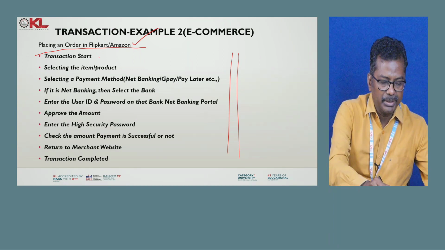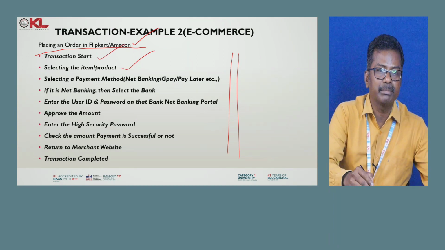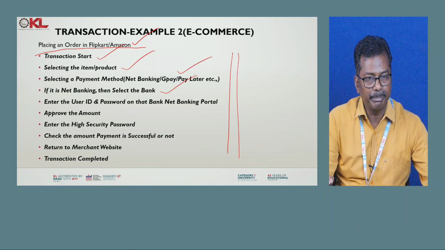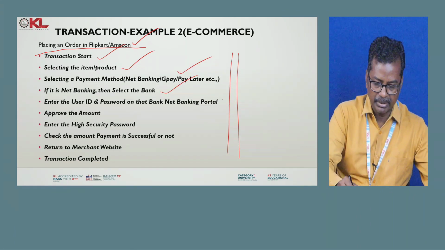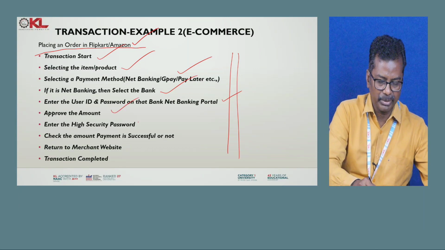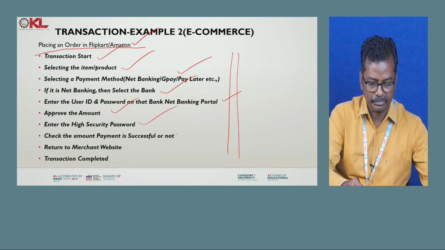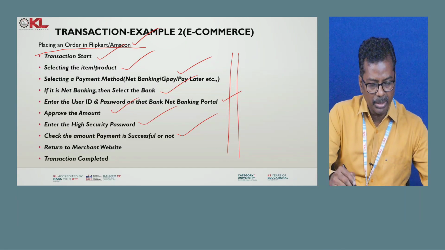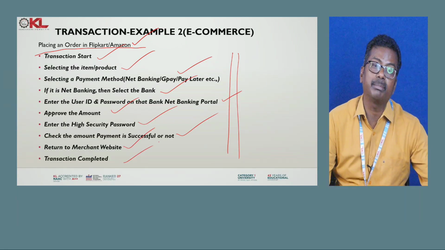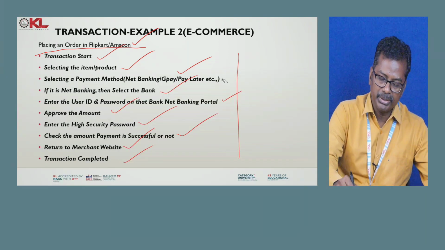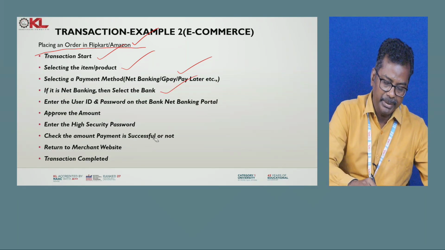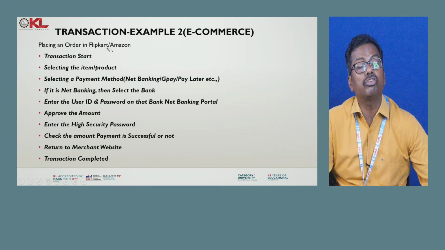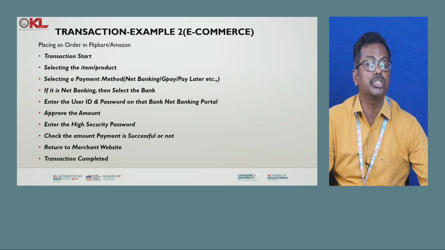You can see the transaction start, selecting the item or product, selecting the payment method, if it is net banking, then select the bank, enter the user ID and password, approve the amount, enter the high security password, checking whether the amount payment is successful or not, and return to the website and transaction completed. So this is another example which shows how a set of logically related operations constitute a transaction.